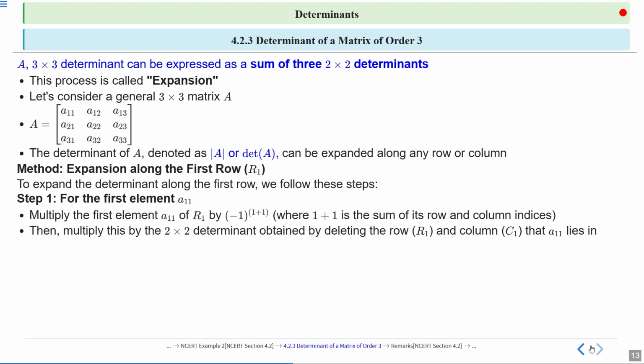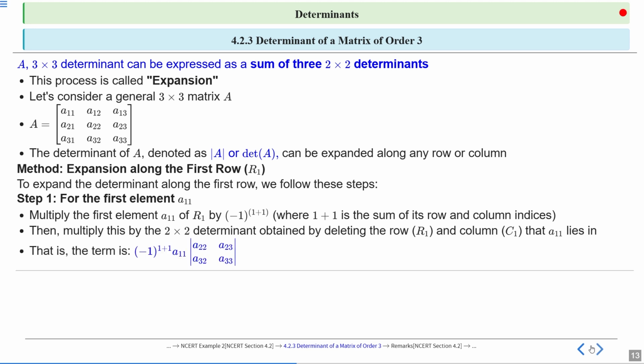Deleting these from the matrix, we get the 2 cross 2 matrix A22, A23, A32 and A33.